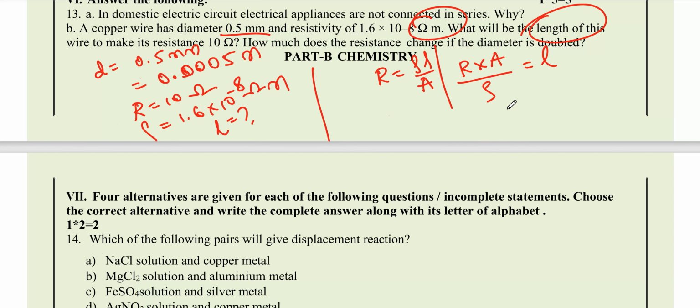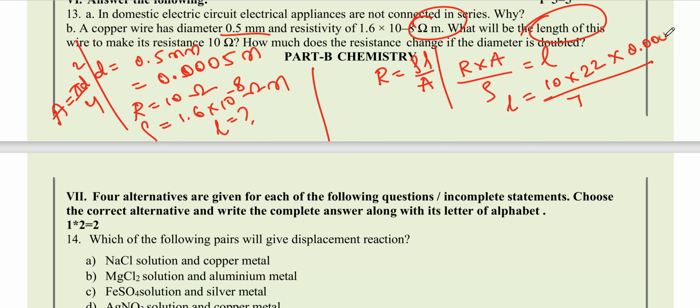Then L is equal to, what is R? 10. Area? Area formula is pi d square by 4. Don't forget, pi d square by 4. Pi is 22 by 7, 22 in numerator, 7 in denominator. Then d square is 0.0005 whole square, by 4.